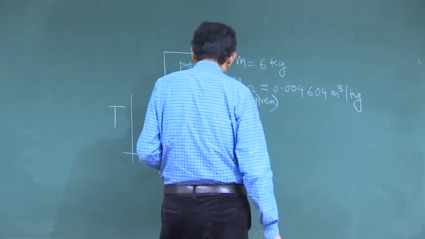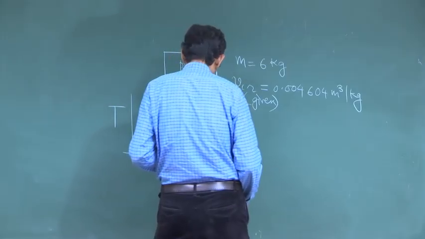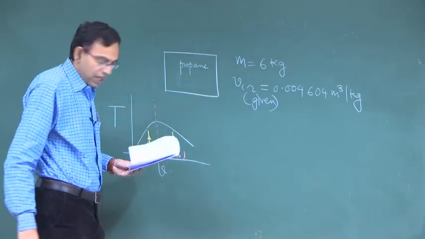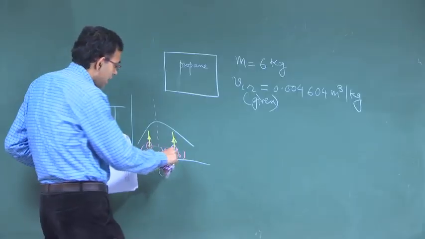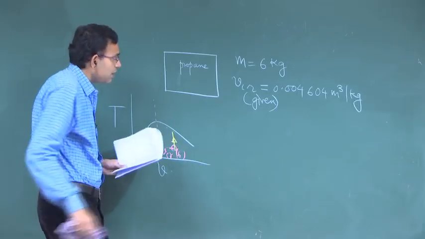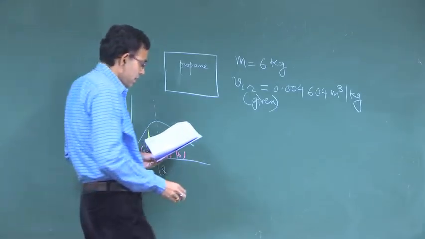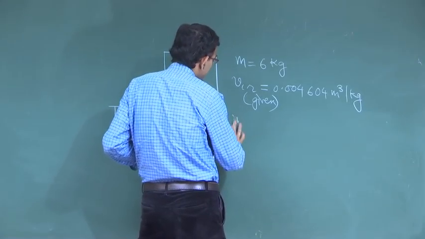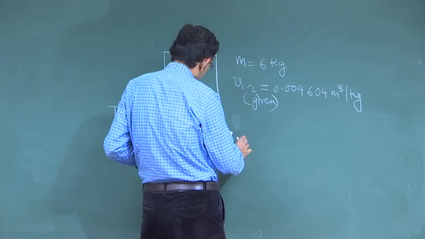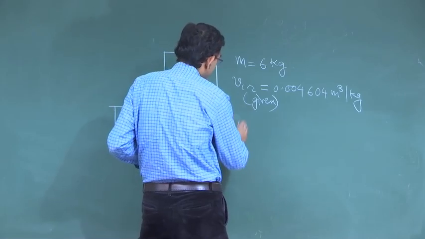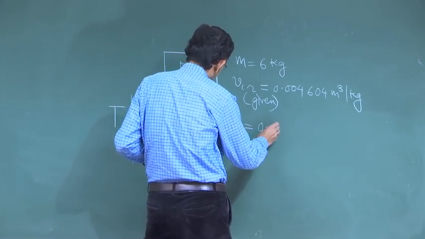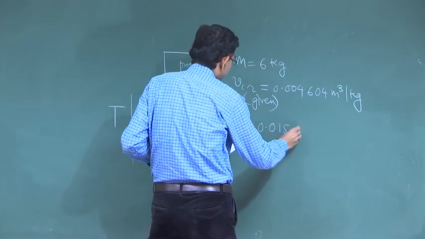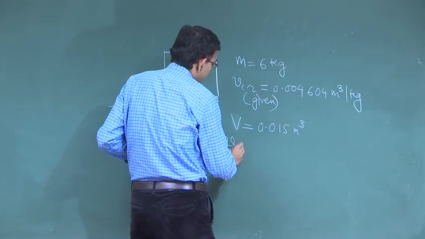If m is 6 kg and the volume of the tank is 0.015 meter cube, what is V1?